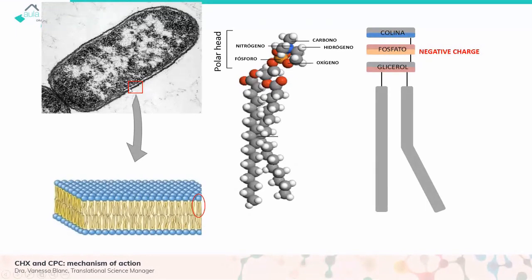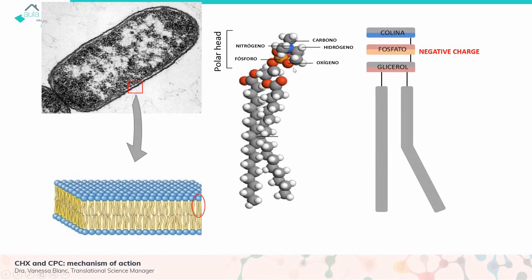This is a bacterium, this is the cell membrane, and the bacterial cell wall is composed of a big layer of lipids built of phospholipids. This is a unit of phospholipid, the same as this.